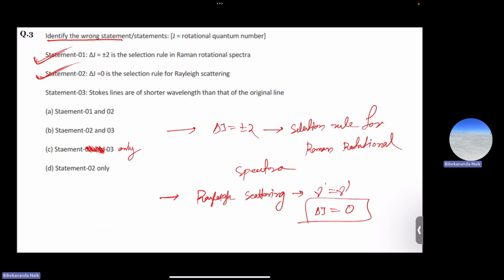So statement 3 is not correct. Stokes lines are of longer wavelength than that of the original line. So the wrong statement is statement 3 only, and the correct option is option C. I hope this is clear to everyone. Now we'll move to the next question.